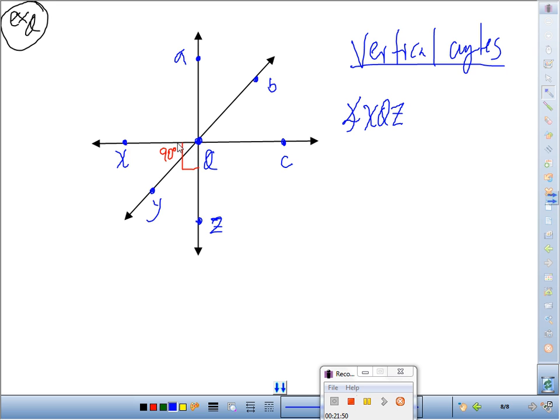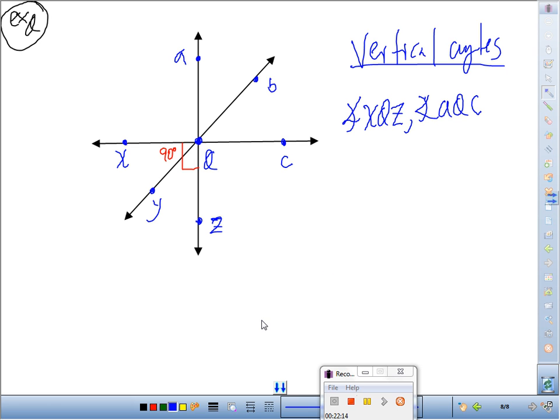So angle XQZ is vertical to what angle? Think about it, don't say it out loud. XQZ is vertical to, everyone, go. Is vertical to angle AQC. Hands if you saw that. That is correct.